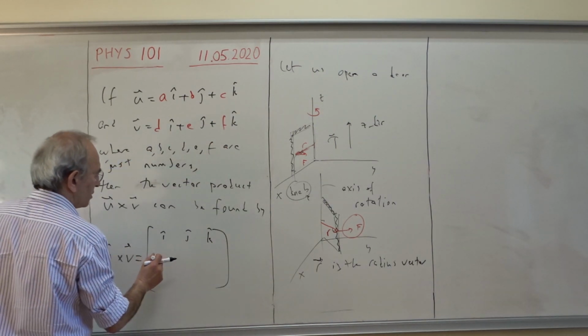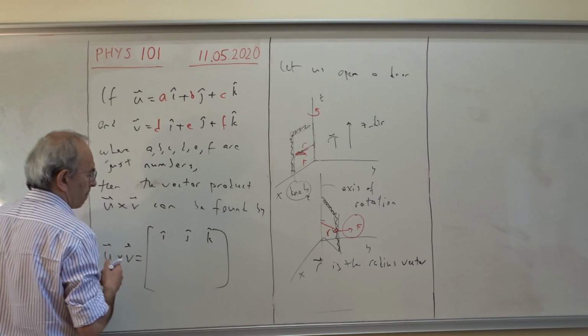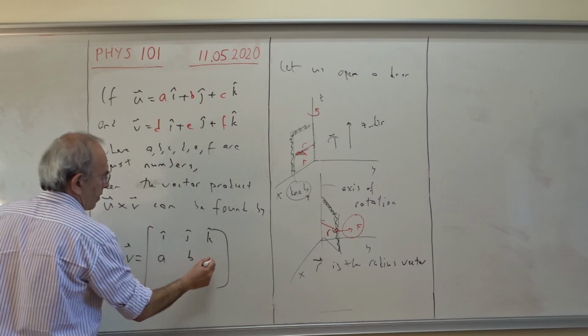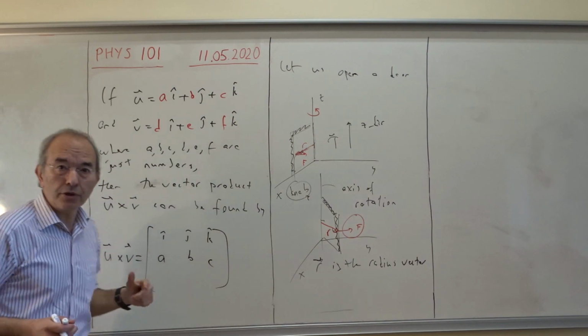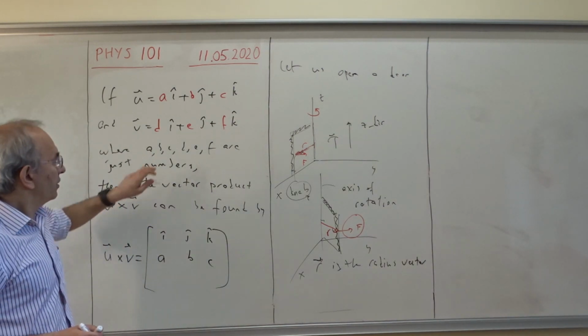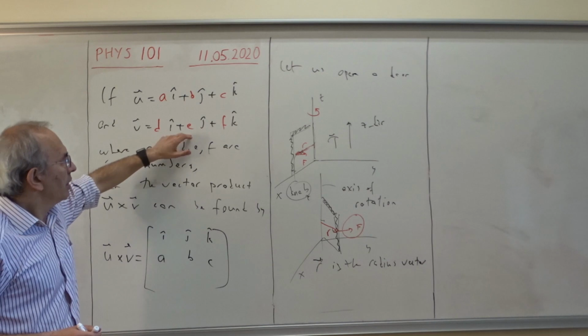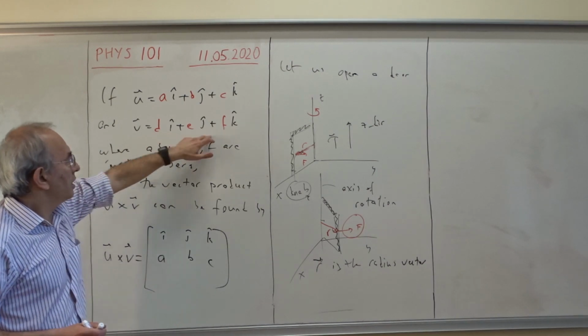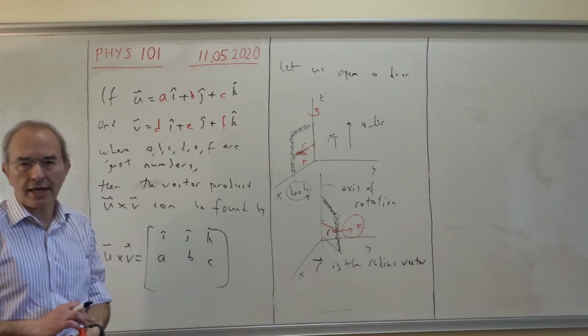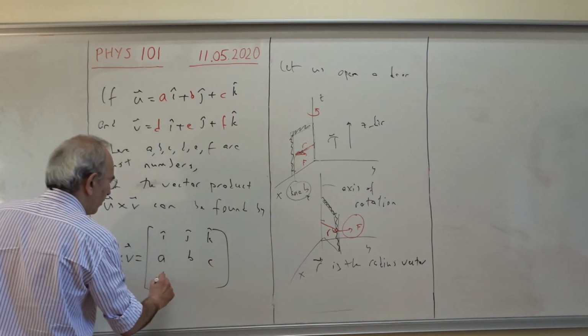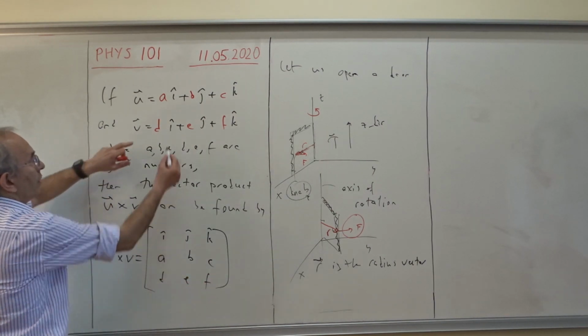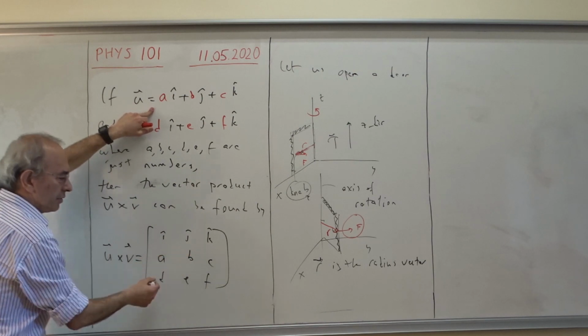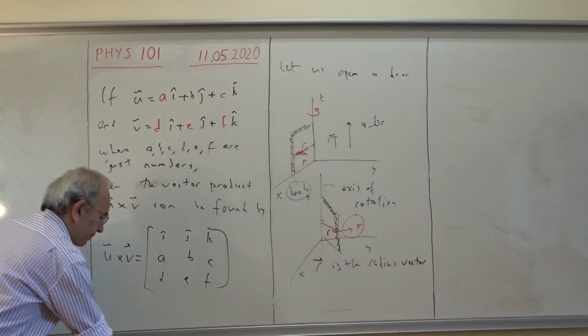So these are simply A, B, C. And then the components of the second vector V, which are D, E, F, will come in the bottom line. So we have D, E, F. Therefore, A, B, C, D, E, F, this is the order.